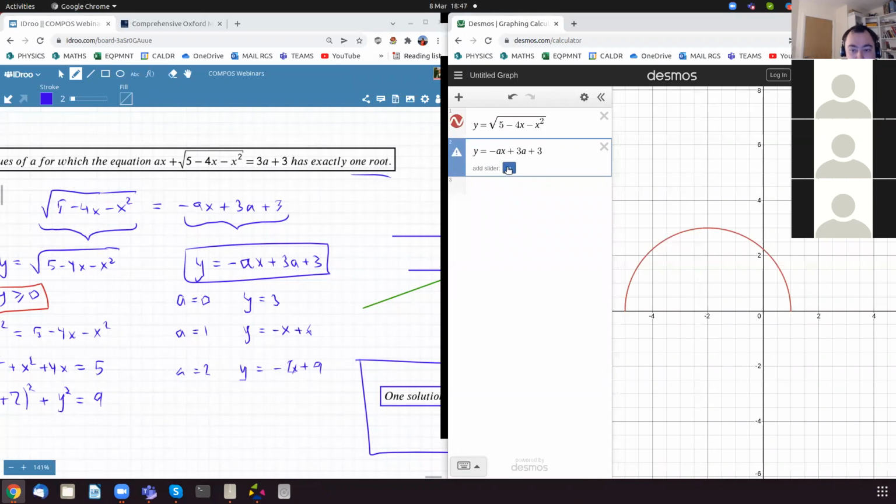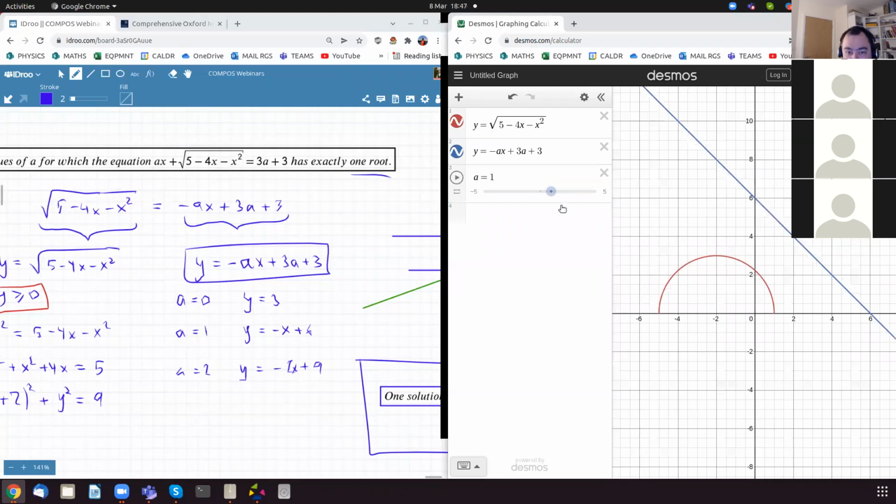And you click add slider for a. Let's do it from minus 5 to 5, and don't put in a step. Okay, so let's see what happens.